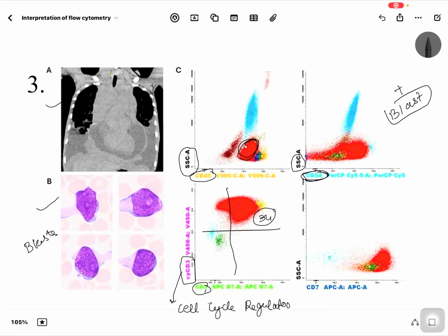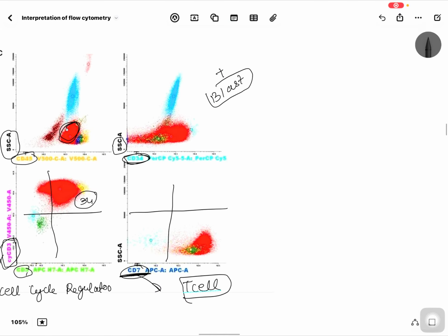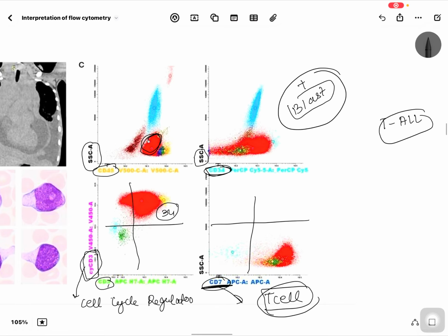That means CD34 is also positive and cyclin D3 is also positive. And then the most important thing, if we divide, what is this CD45? The blasts are present, and CD7 is a marker of T cell. Then again T cell along with blasts. So what is this? It is nothing but again T-ALL. Why? Because blasts are present and T cell is present. So what is that? T acute lymphocytic leukemia.